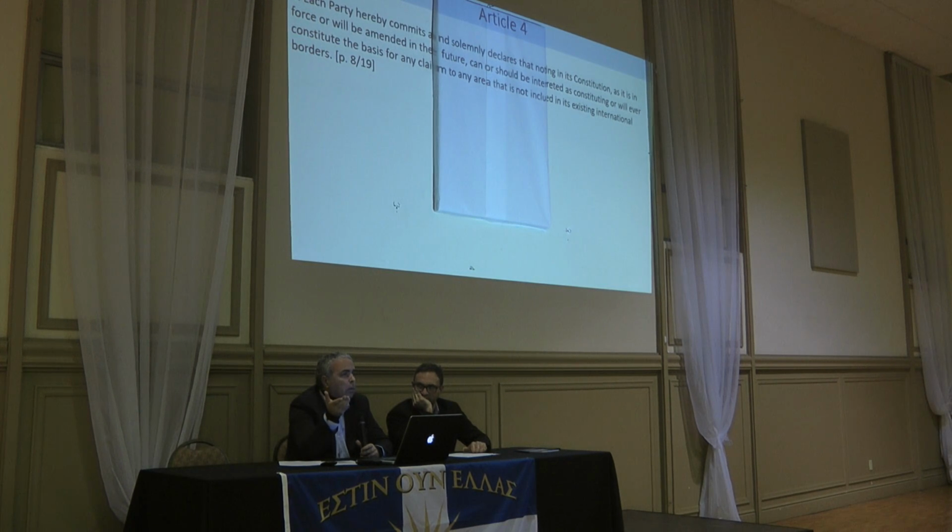So we have a problem. We said that there is no problem, but after the signature, they changed the constitution 3 times. And now they are going to finish this constitution. So the problem is why we signed Article 4 before the end of the process.